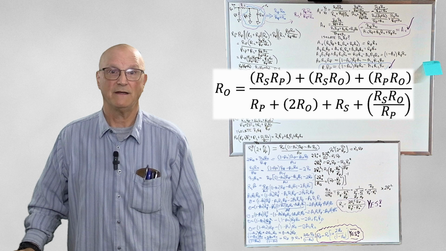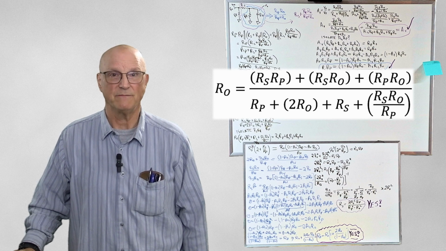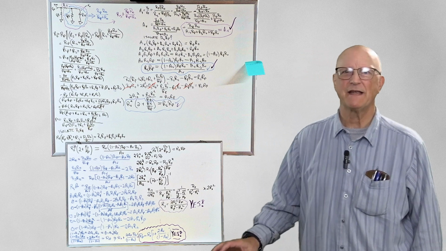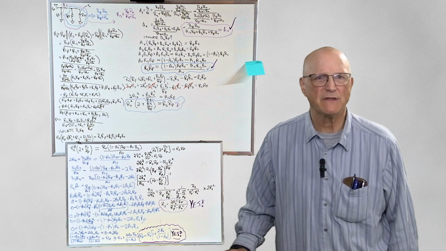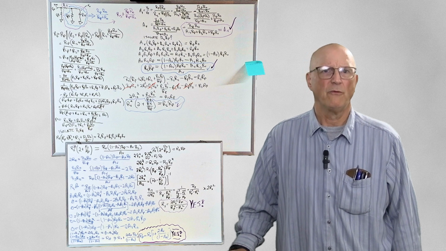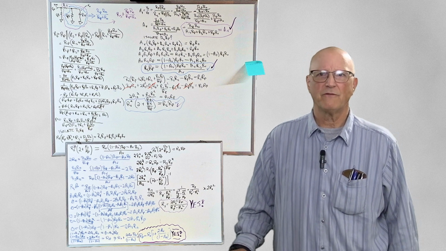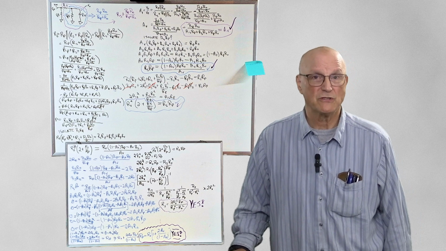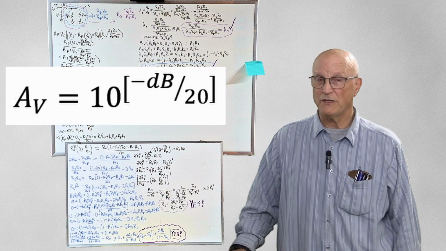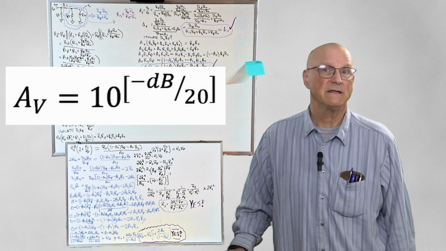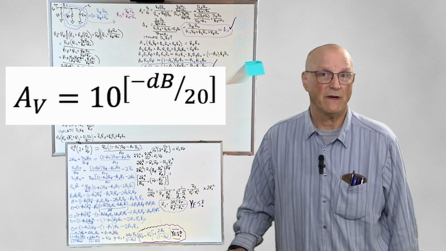Now, on to the second required equation. The second required attribute of this circuit is that it has a voltage gain commensurate with the dB attenuation value we assign to it. I will bring back to your mind the simple conversion equation from dB attenuation to voltage gain, which is voltage gain is equal to 10 brought to the power minus the dB value over 20.